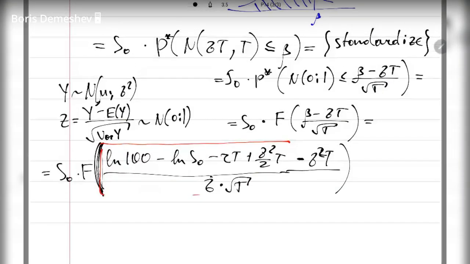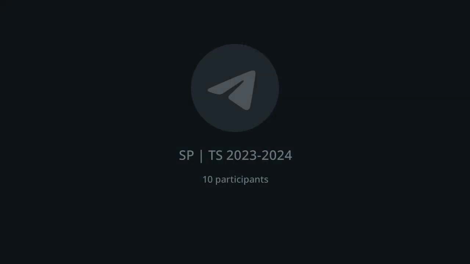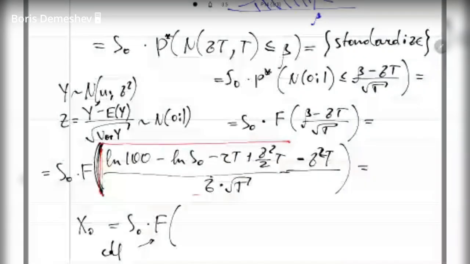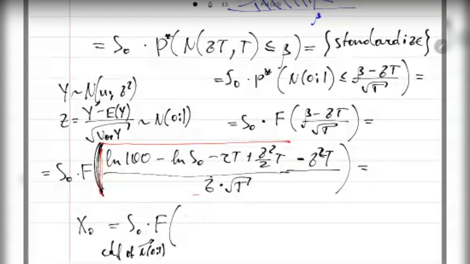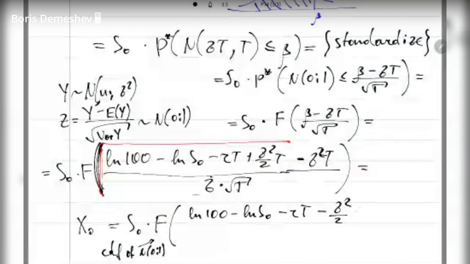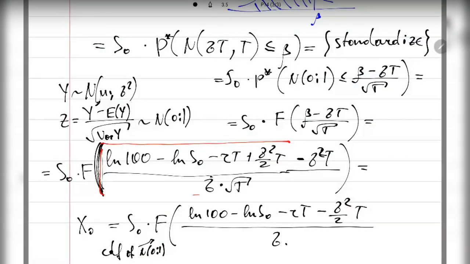Okay, and I hope that's the last thing we can do. S0 times, so our initial fair price of the asset is the standard normal CDF, cumulative distribution function, evaluated at the point log 100 minus log S0 minus rT minus sigma squared over 2 times T, divided by sigma square root of T. And that's our final answer.